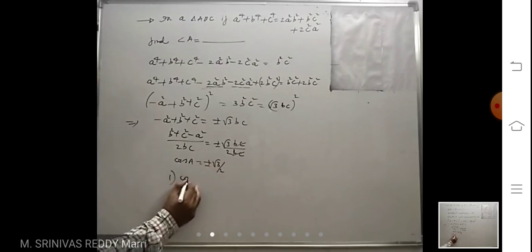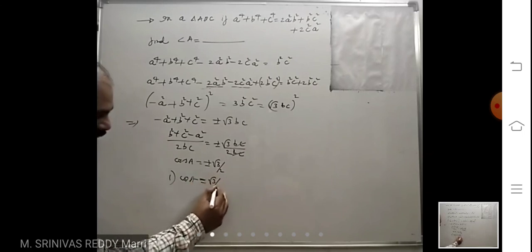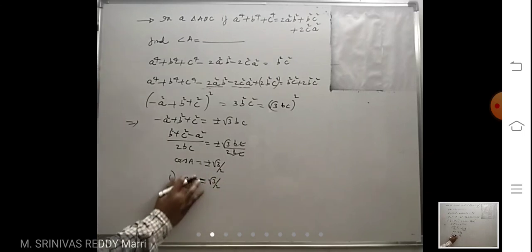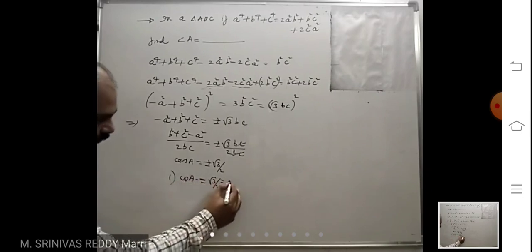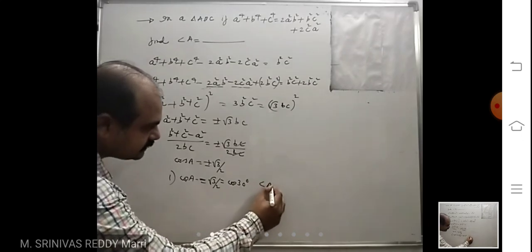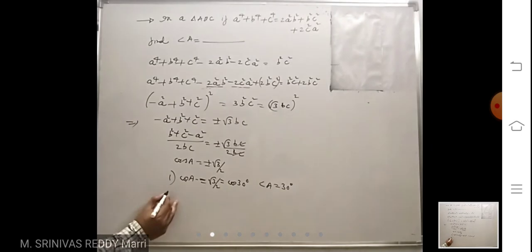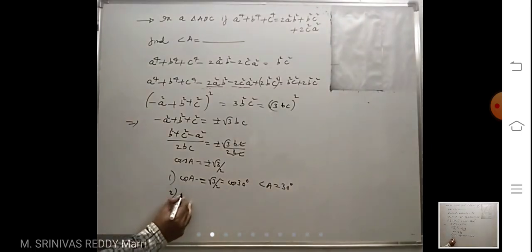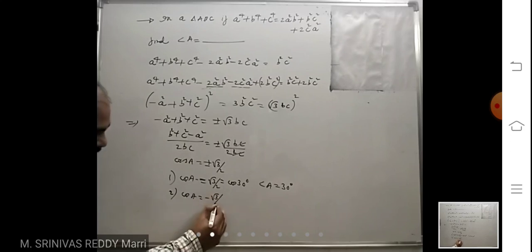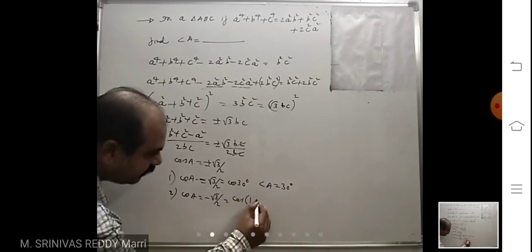Now the first case: take cos A equal to root 3 by 2. Cos 30 degrees, that means angle A is 30 degrees. Second case: cos A is minus root 3 by 2, which is a second quadrant angle.